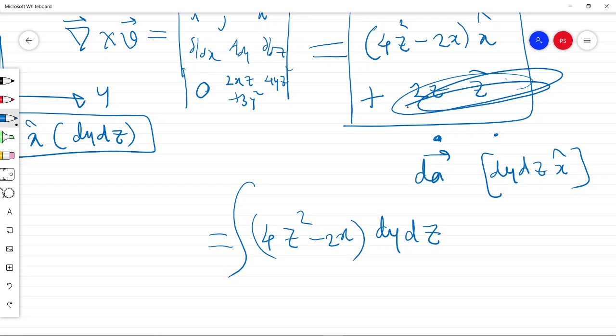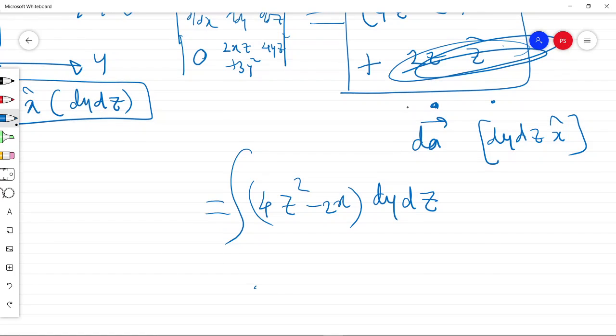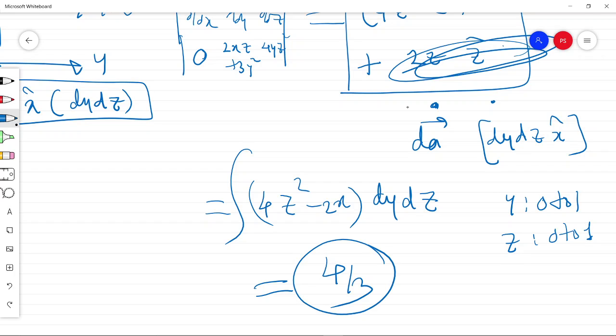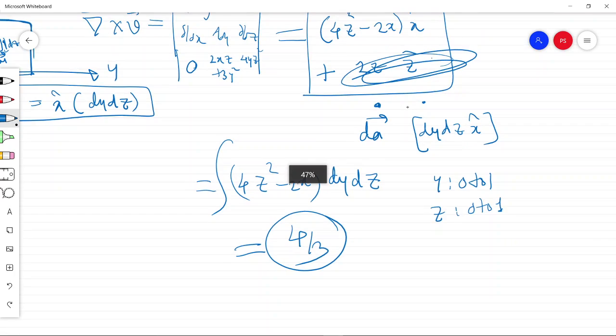We can solve this readily. We can see that this is just equal to 4 by 3, as the limits on y are 0 to 1 and limits on z are also 0 to 1. This is equal to 4 by 3. So this is the left hand side of the equation.